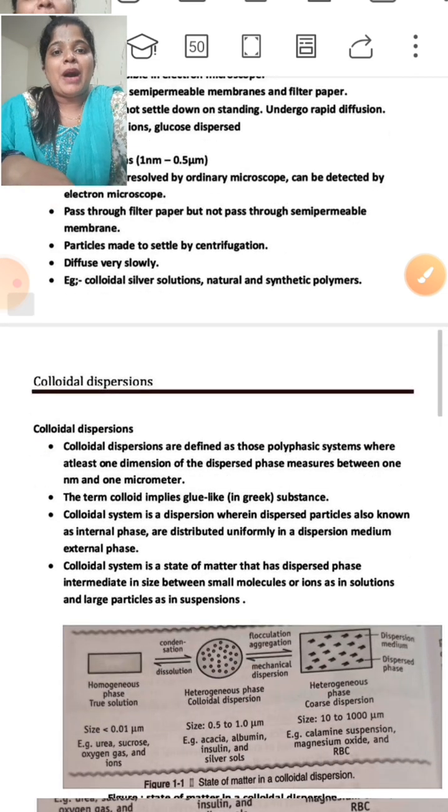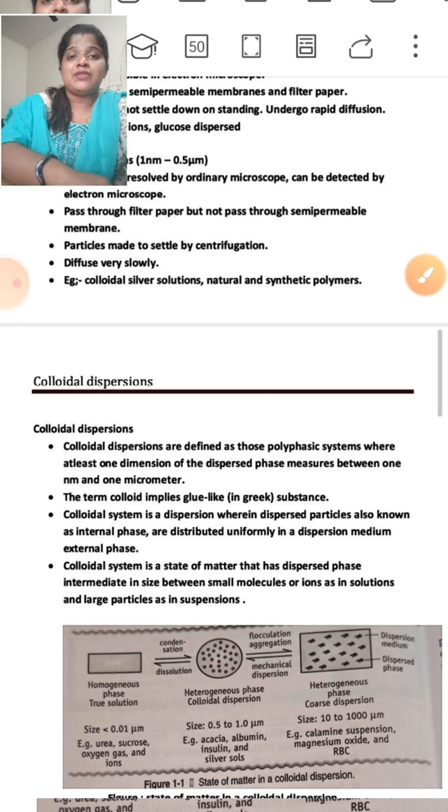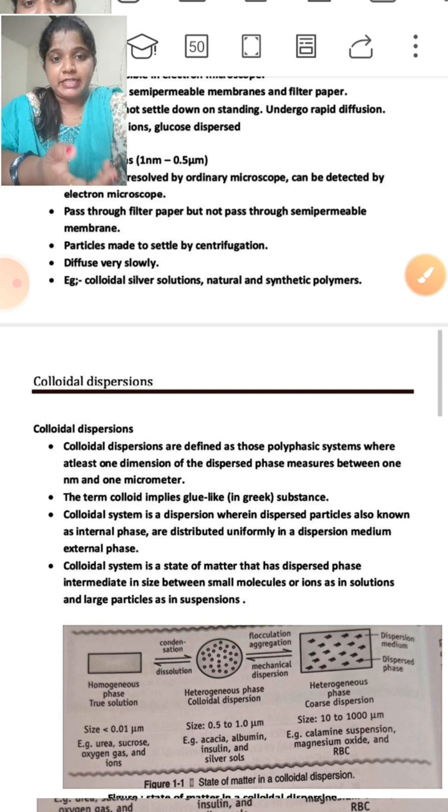They pass through the filter paper, but do not pass through the semi-permeable membrane. You know the reason why. And particles can be made to settle by centrifugation. So in this case, particles are settled by using the centrifugation method.